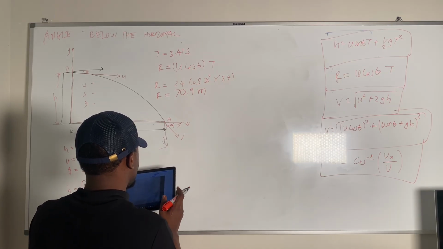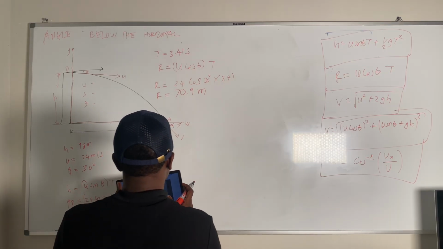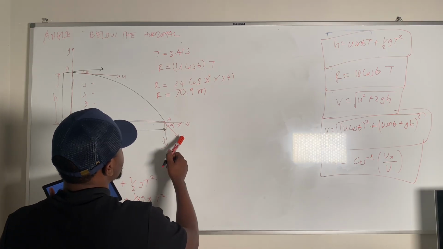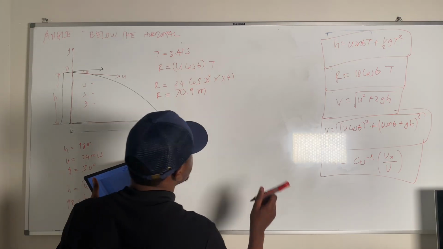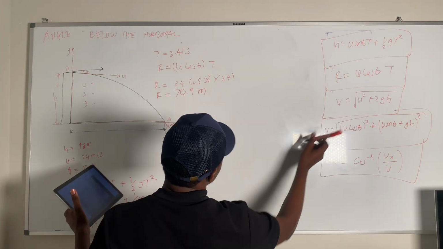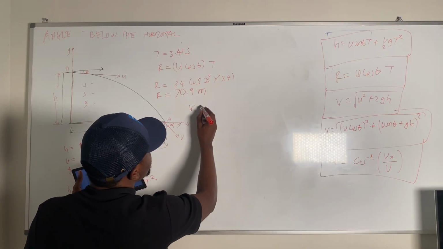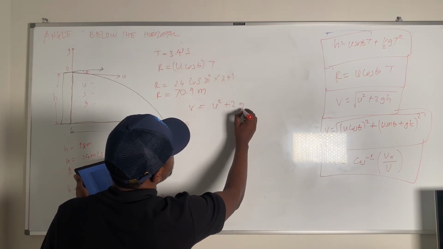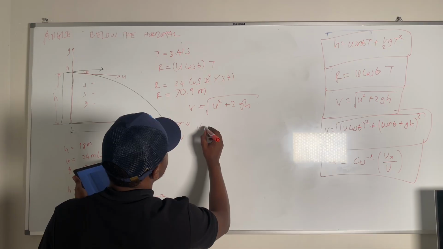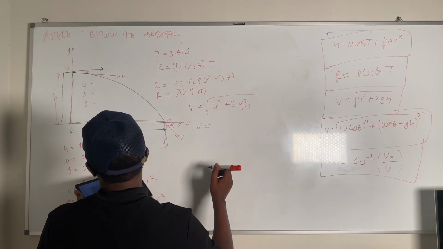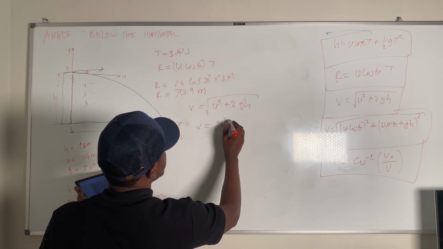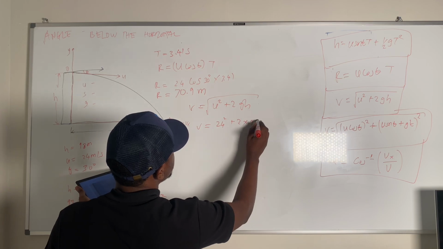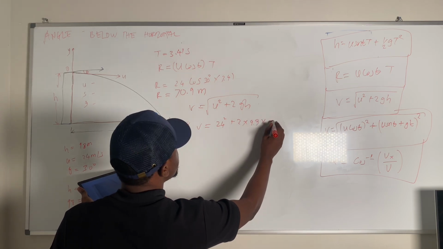We have also to calculate the speed with which the stone will strike the ground. So we have to calculate v. From our expression, we might use this equation, which is a simple one. v is equal to the square root of u squared plus 2gh. So the velocity will be equal to the square root of u, which is 24 squared, plus 2 times 9.8 times the height, which is 98.